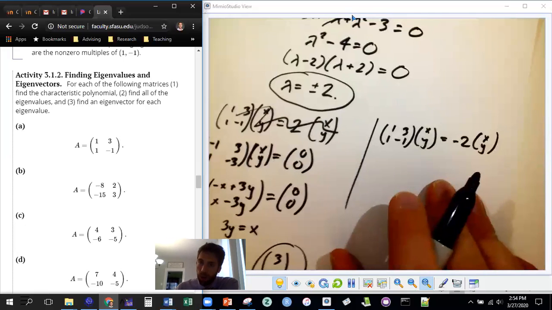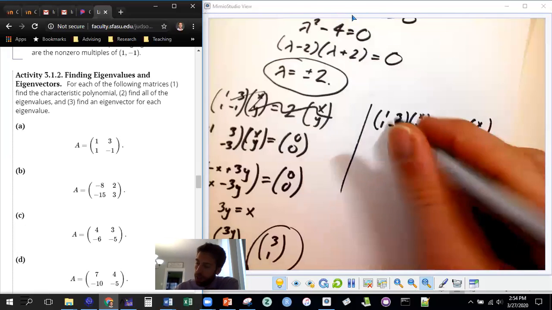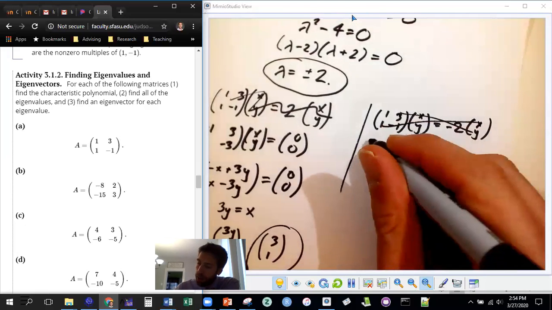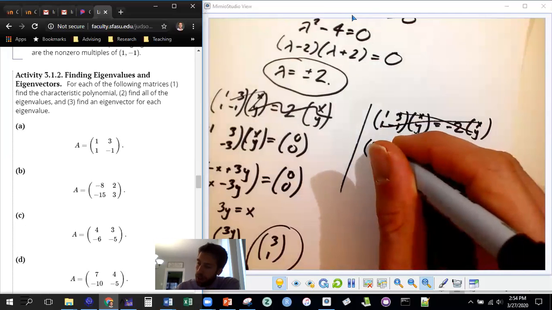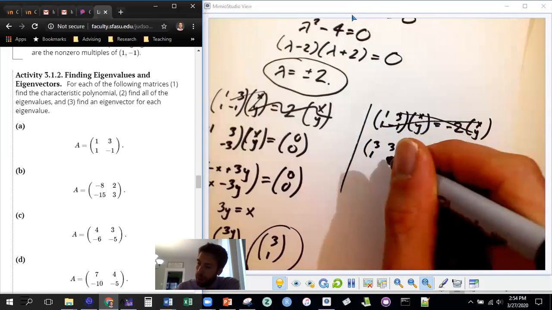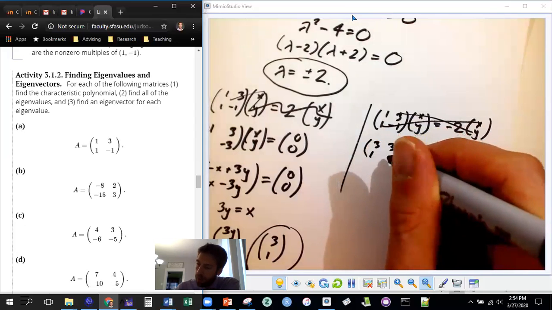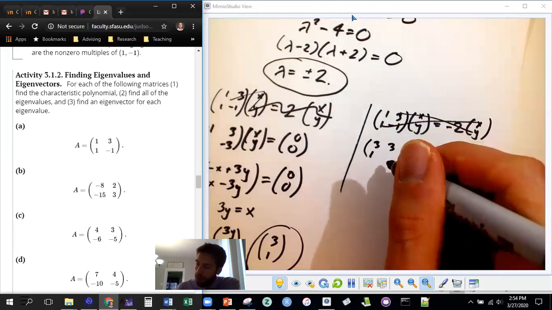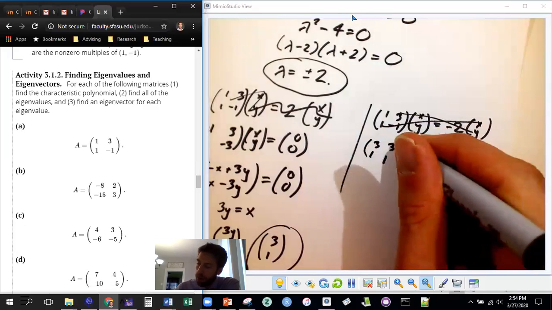Now let's do it for lambda equals negative 2. So again, instead of doing it the long way, do it the fast way. So 1 minus negative 2 is positive 3, and 3, and then 1, and then negative 1 minus negative 2 is really negative 1 plus 2, which is 1.